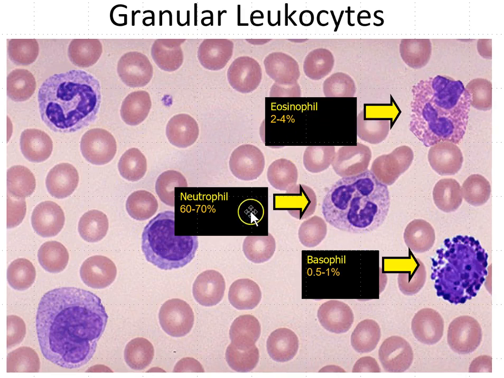So these three, neutrophils, eosinophil, and basophil, are the granular leukocytes. Neutrophils have a lobed nucleus.